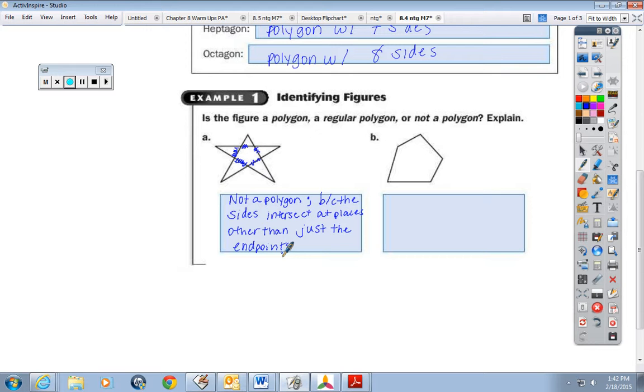So that's not a polygon because they've got line segments intersecting at other points besides where the segments end.